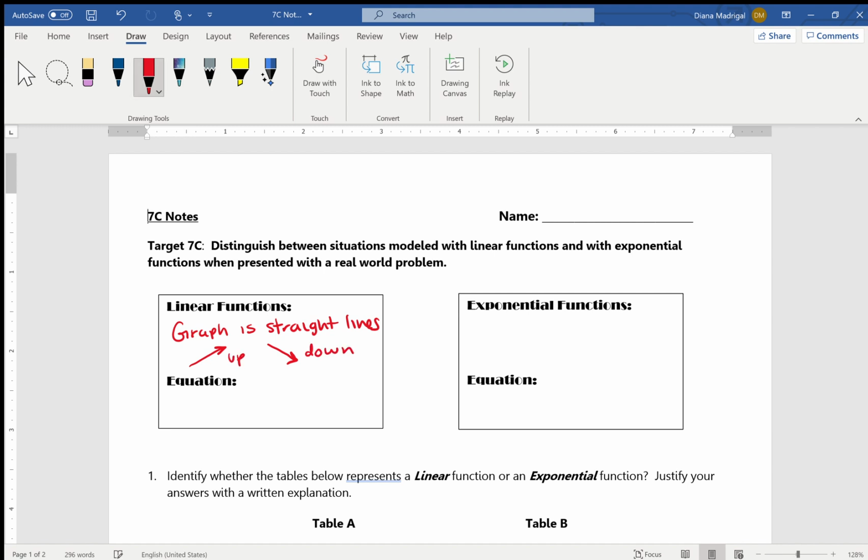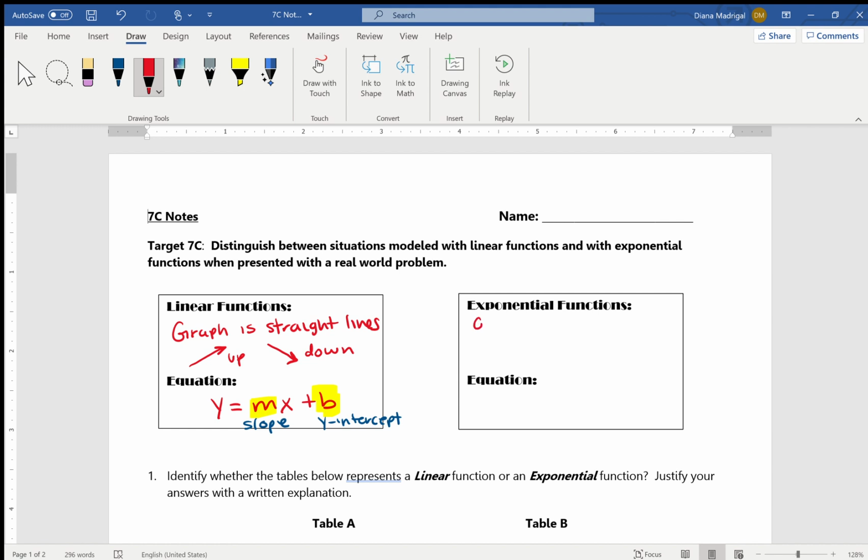Okay, and the equation that we use for this is y equals mx plus b. And again, we discussed that m is slope, and we also discussed that b is your y-intercept. All right, exponential function is what we have been talking about throughout the whole KC7.